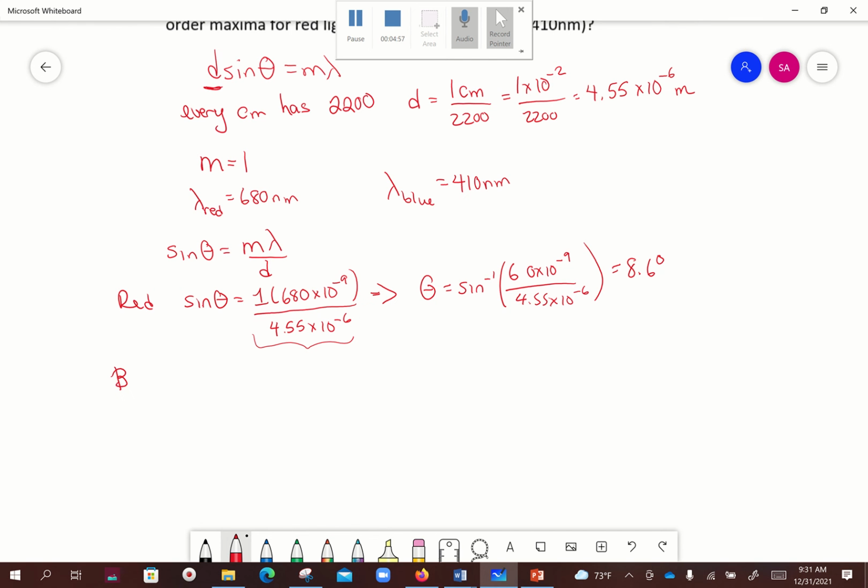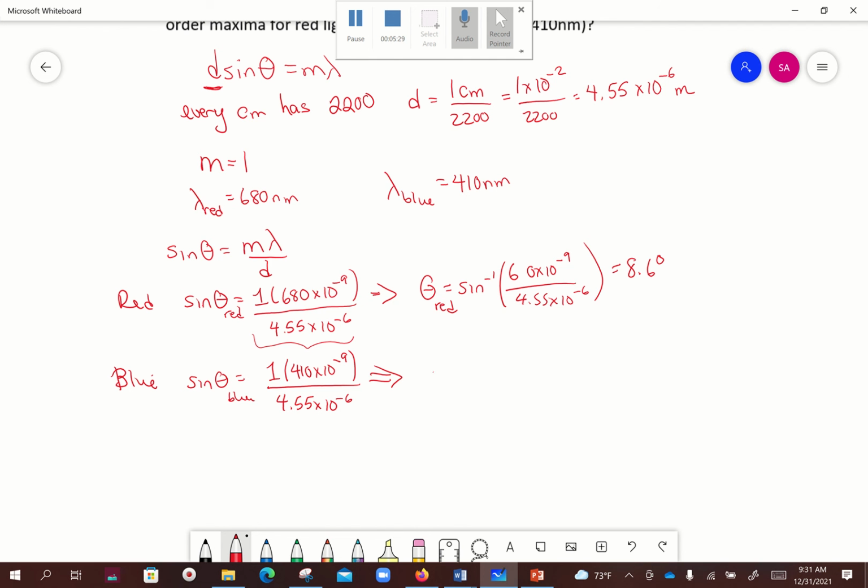All right, let's do it for blue. So for the blue light, same thing. So let's call this theta red, and up here, let's call this one theta blue. So sine theta blue is equal to 1 times, now my wavelength is 410 nanometers, 10 to the minus 9 meters, over d, which is still 4.55 times 10 to the minus 6.